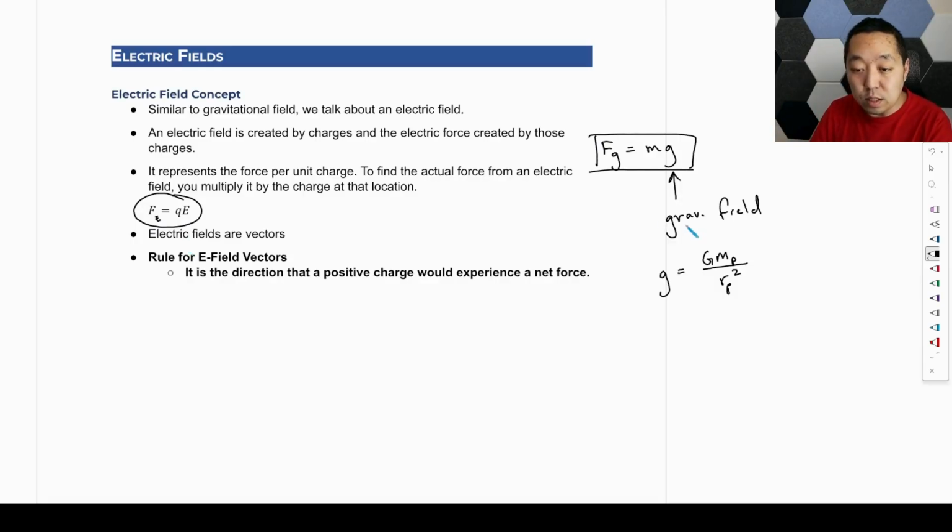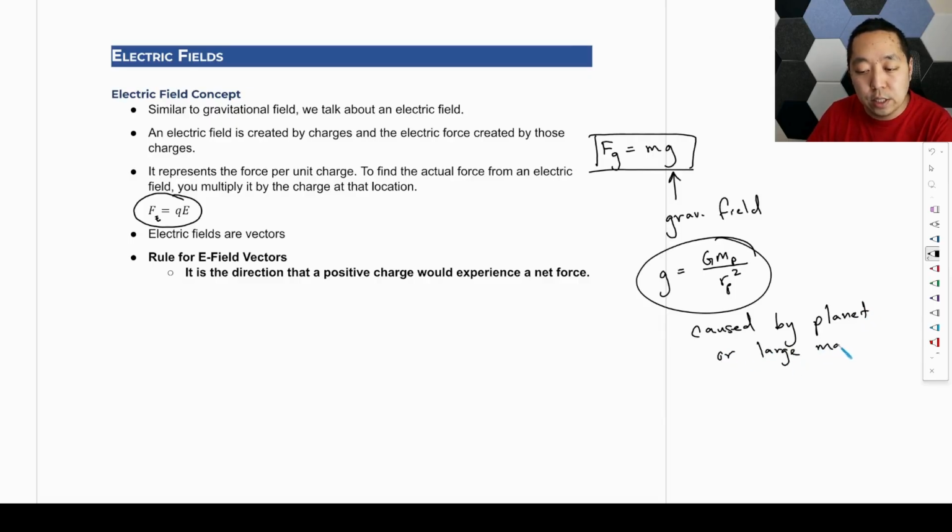Now, similar to how the gravitational field was caused by a planet or large object, a large mass, the electric field is caused by external charges. They're created by the charges and the electric force created by those charges. So if I have a little charge here and I want to know what electric force it's going to have, it's going to be due to all of these other charges that exist out here, a mix of charges.